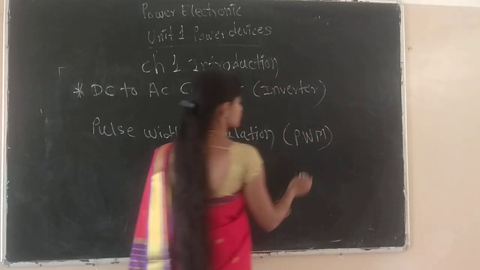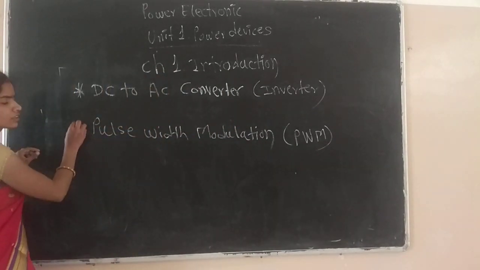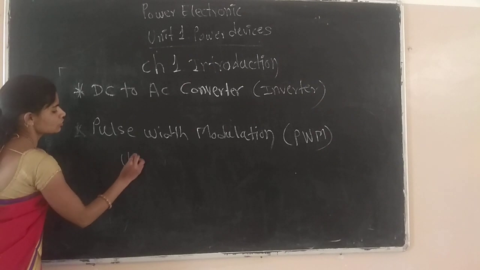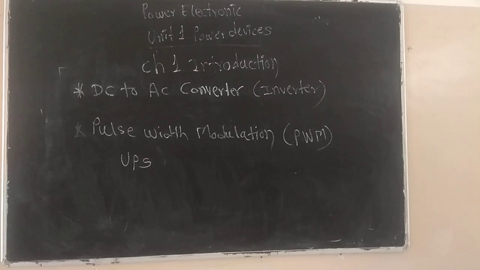PWM means pulse width modulation. This special type of inverter is used in UPS, uninterruptible power supply. Here the output voltage and output frequency can both be variable, and we see the circuit diagram for this DC to AC converter.